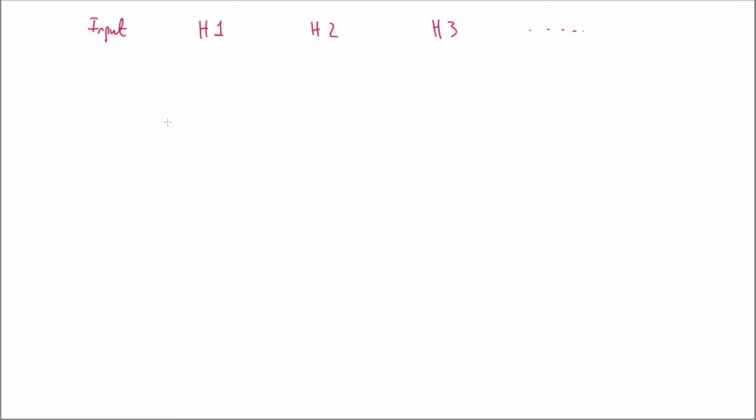Well, we start off with some base output, which is just our input. And then we compute a first layer output, which is equal to the sigmoid of some set of weights multiplied by the base output.